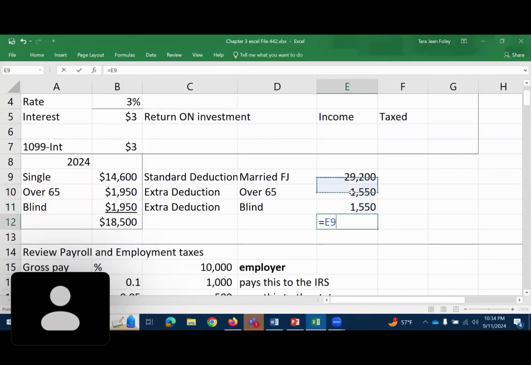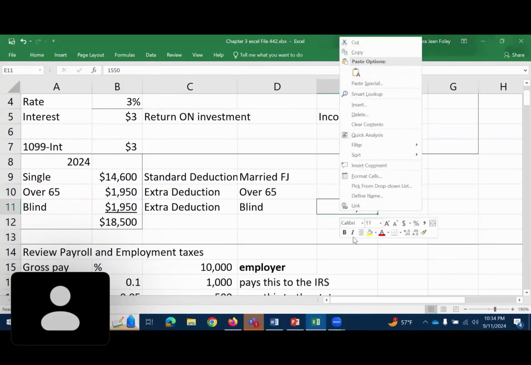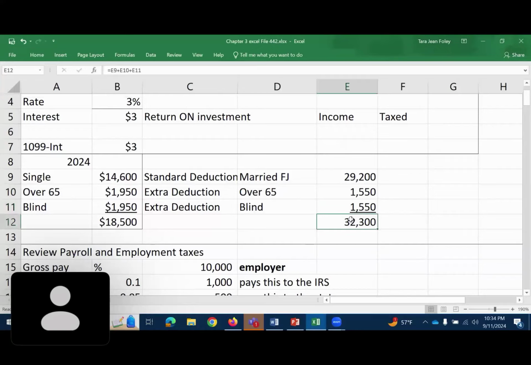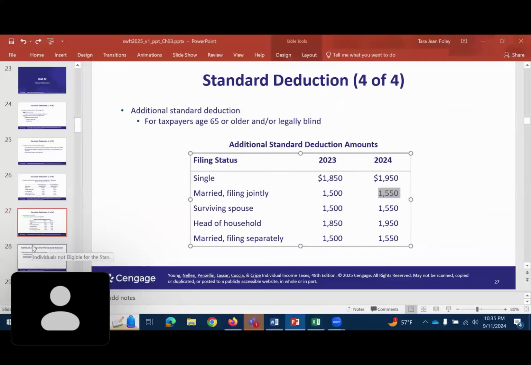So that equals 32,300. So my standard deduction is 32,300. Okay? So that's how that works.